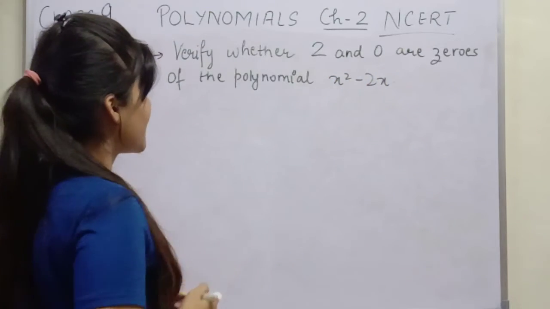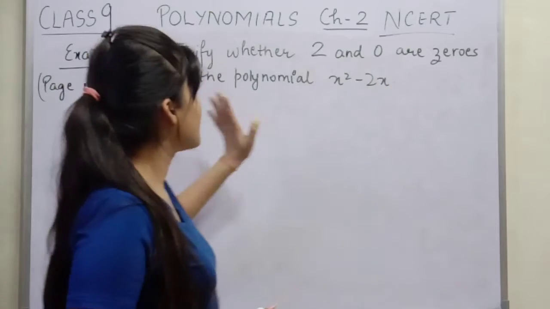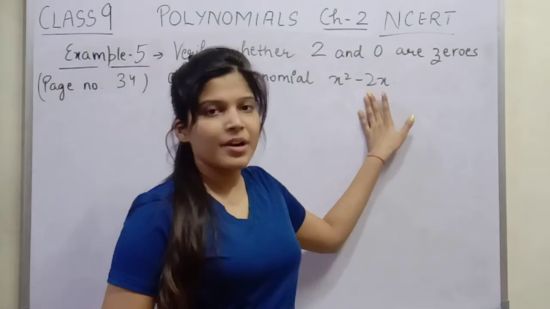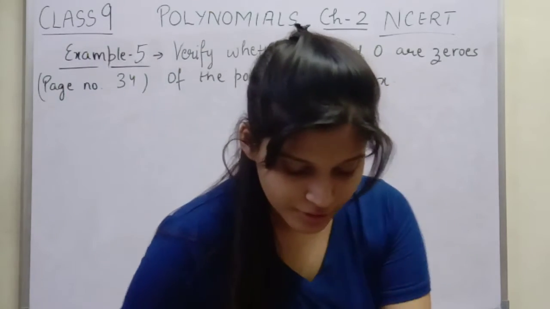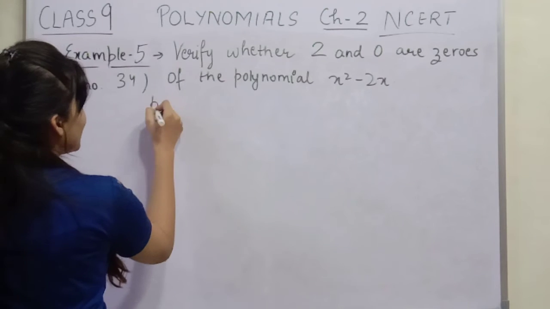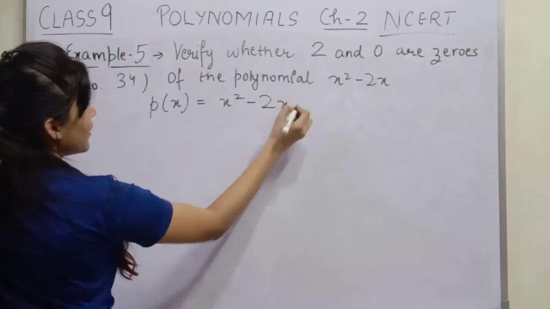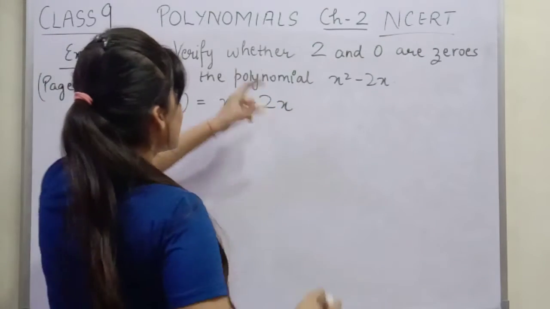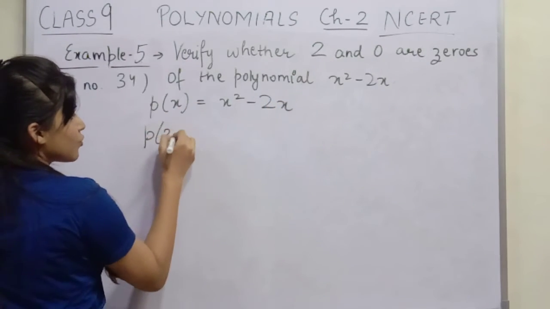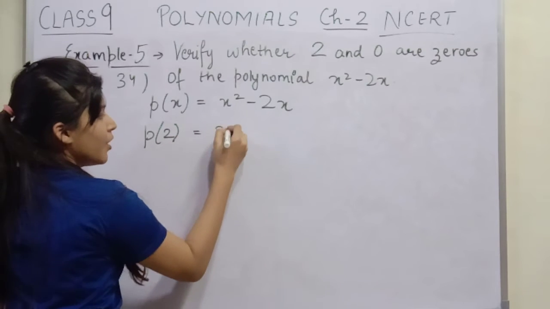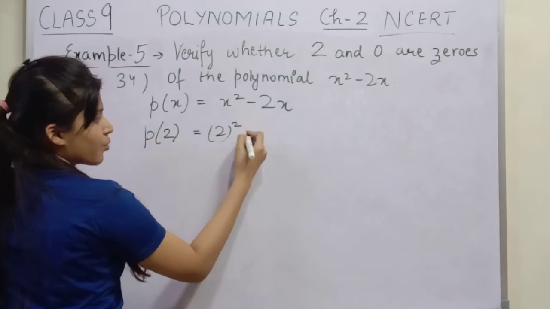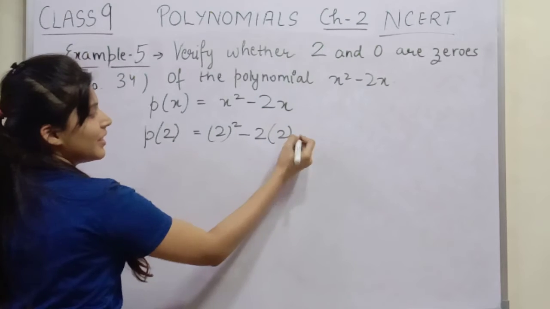So now we have to verify whether 2 and 0 are the zeros of the polynomial x square minus 2x. Simply, we'll put the values in this polynomial, p(x) equals x square minus 2x. First let's put 2. So p(2) equals 2 square, because here it was x square, minus 2 as it is and 2.